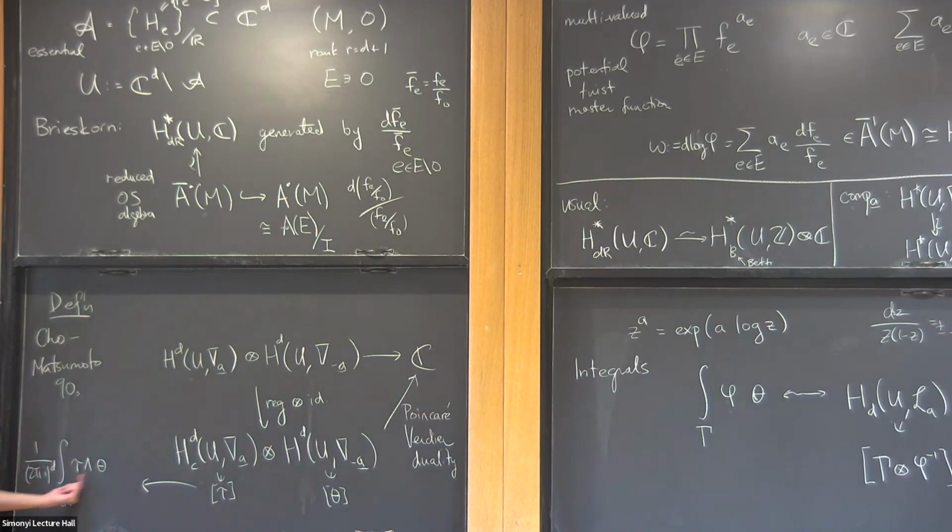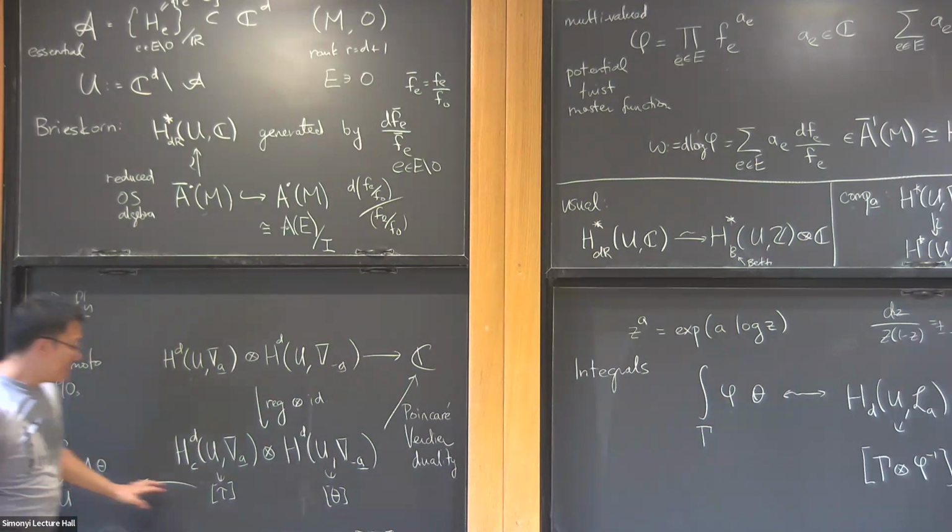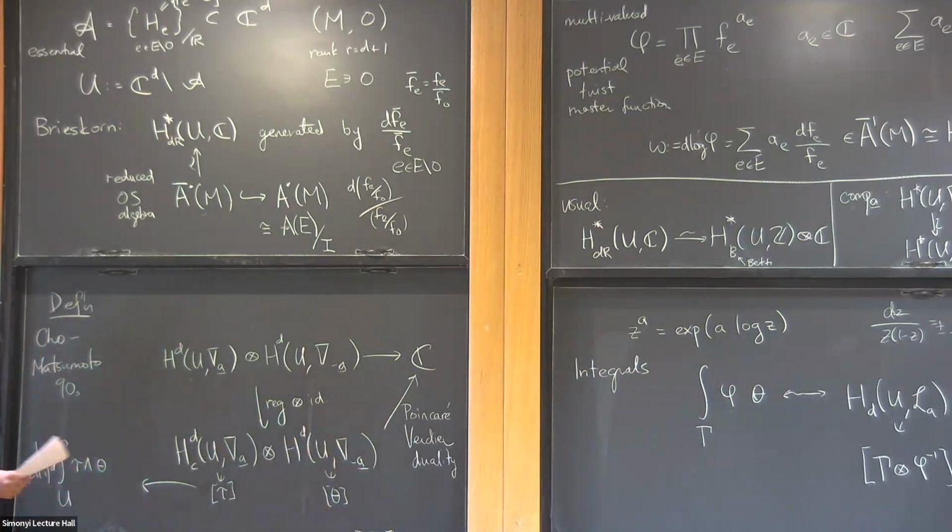Normally if you have a differential form on this open space, you can't always integrate over the whole space. But because tau, one of the two, is compactly supported, this thing is compactly supported. So this integral does converge. And that yields the Poincare duality.